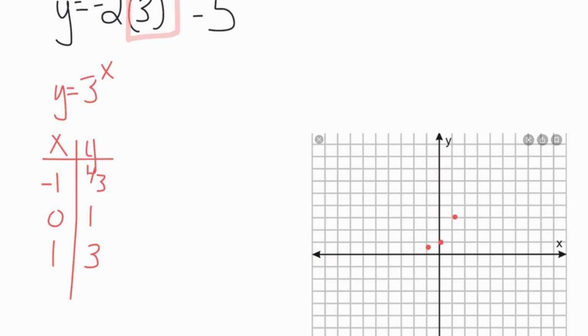Now in this situation, my asymptote is at 0 for right now, because I have not shifted it anywhere. So, let's see how good I can get through here. Asymptote's there, goes up and through. Alright, so there is my parent function.